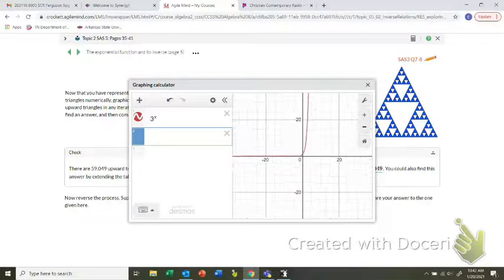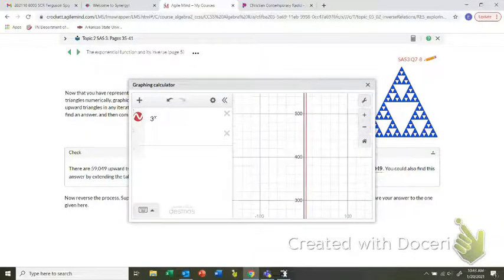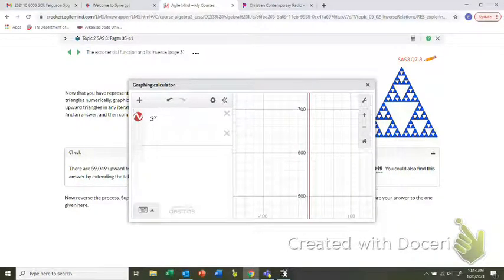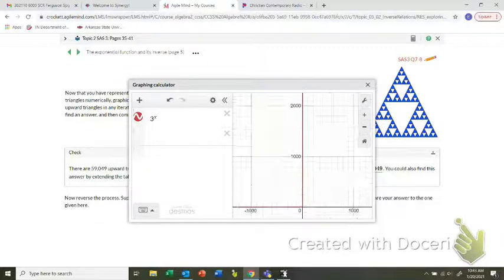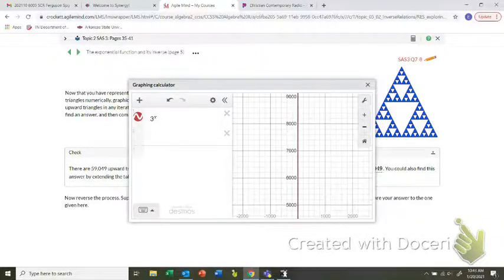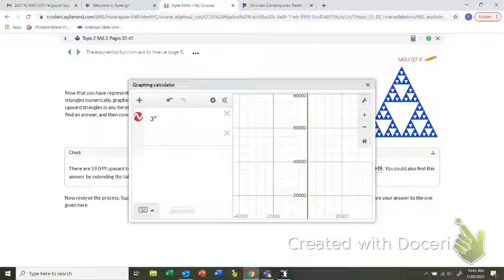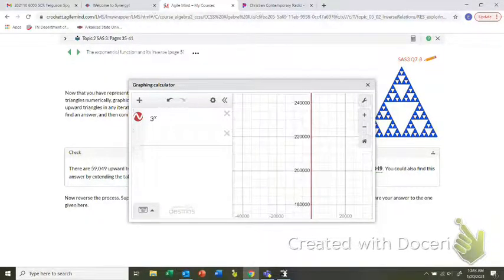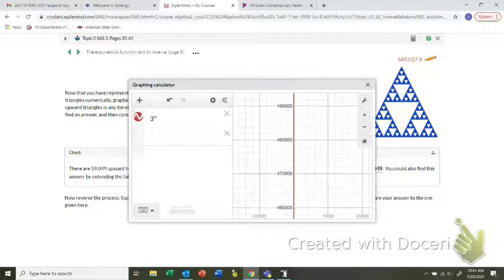All right, now if you zoom way, way, way out, we are looking for when y is 531,000.